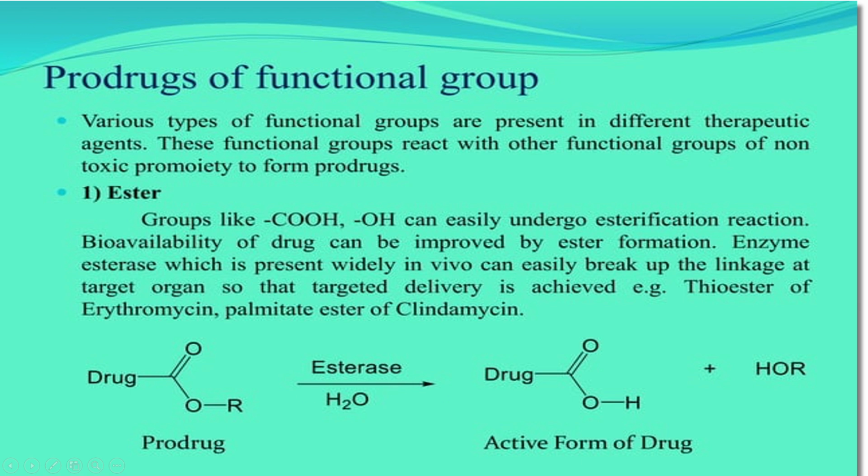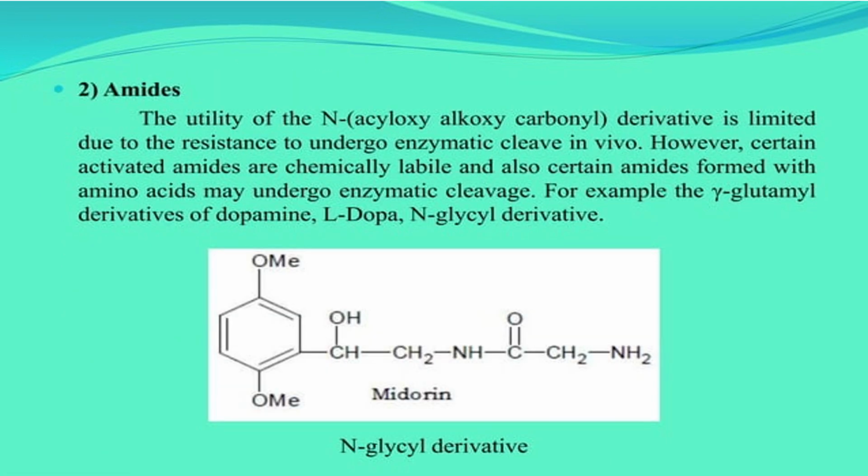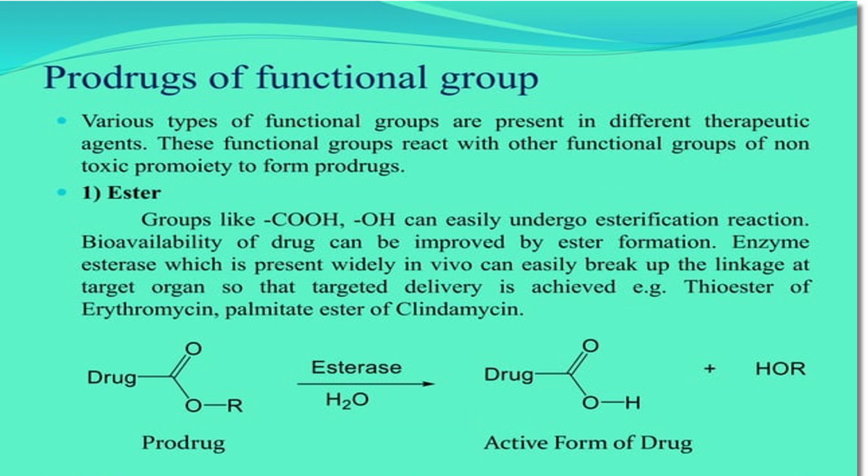In the presence of water, we get the active form of the drug through the enzymatic cleavage reaction. So this is the first example of the first functional group, ester. Through the breakage of this ester bond by the in vivo enzyme esterase, we get the active form of the drug. An example of such a drug is enalapril. Enalapril is also an ester form of the drug, and after metabolism we will get enalaprilat.